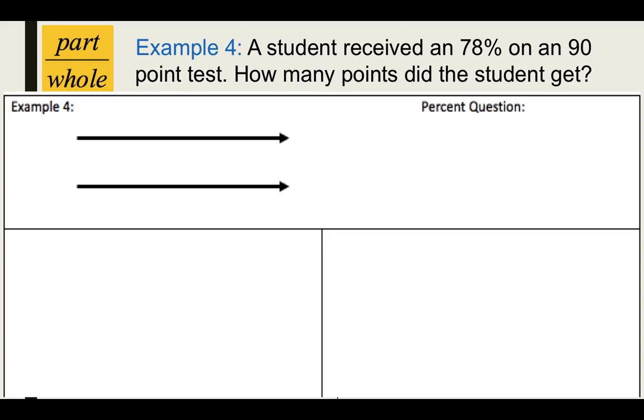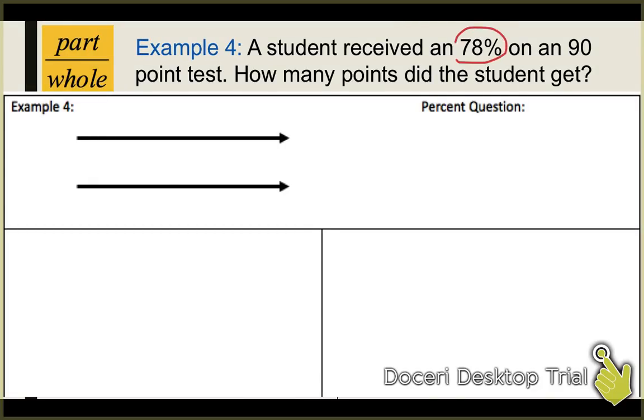I want you to try it, and then you're going to confirm your answer with me. So you can pause this and write this one on your paper, and then check your answer with mine. Did you pause it? Are you listening? All right. Let's try it.